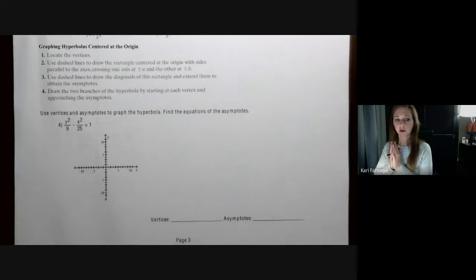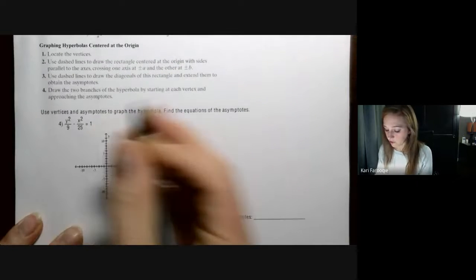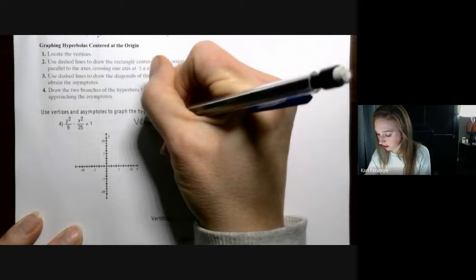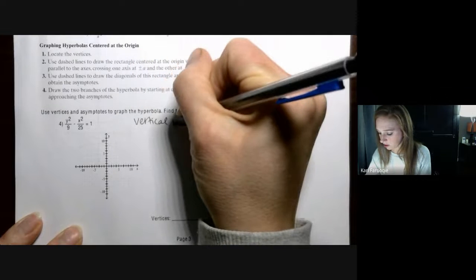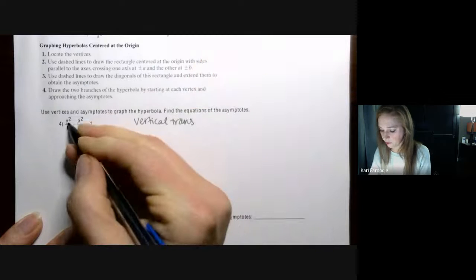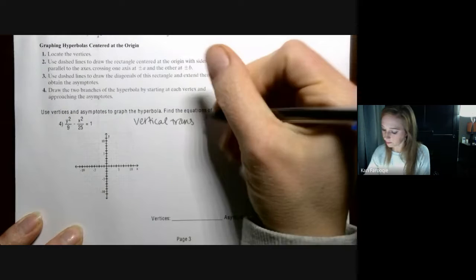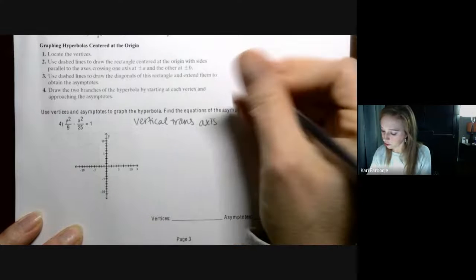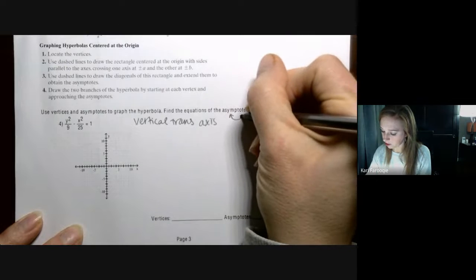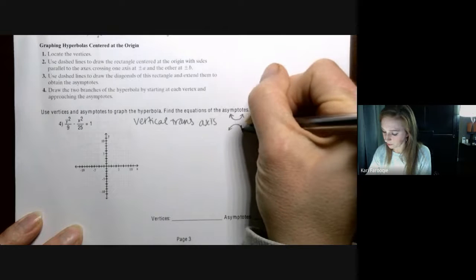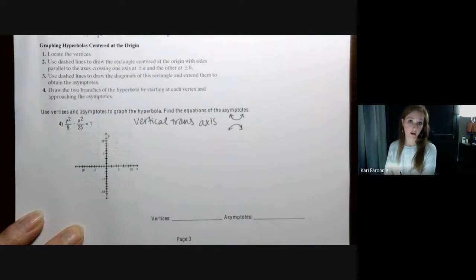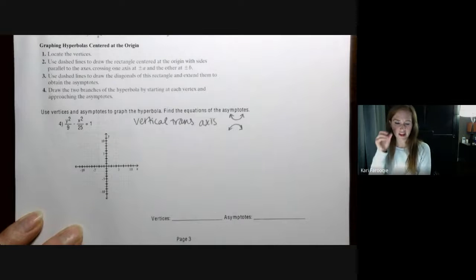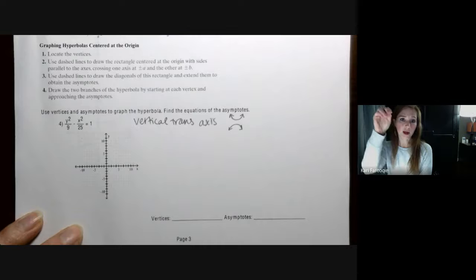Okay. We have a vertical transverse axis. We know this because the first term has a numerator of y squared. If we have a vertical transverse axis, our hyperbola are going to open up and down. That's key. That means A is going to be up A units from center and down A units from center.